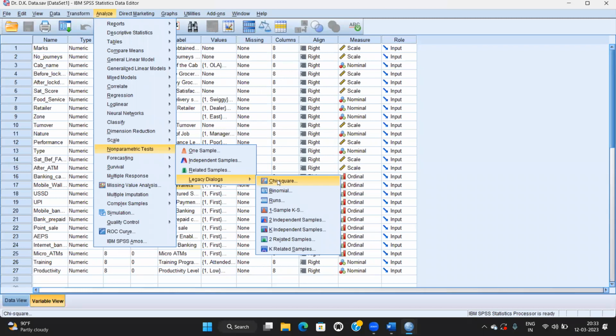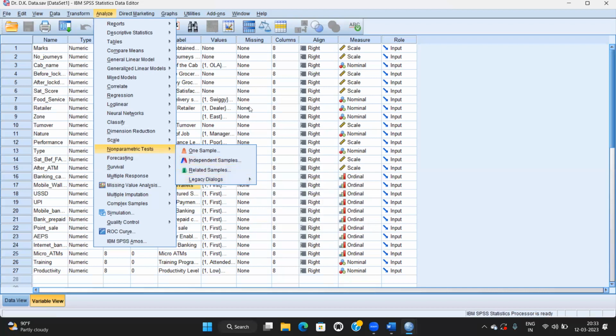So this is one of the gateways or one of the procedures through which the chi-square test can be applied. But unlike the other 4 non-parametric tests like the Mann-Whitney test, Kruskal-Wallis test, Wilcoxon test, and Friedman test, we are not using this gateway.